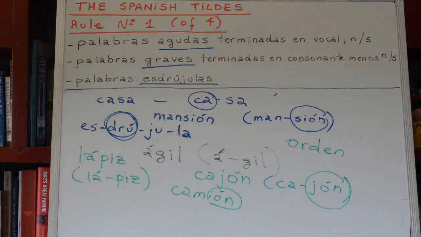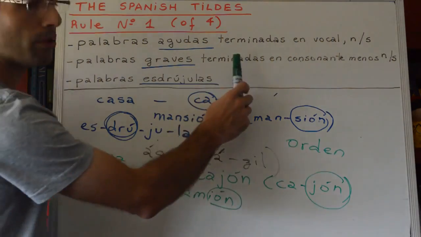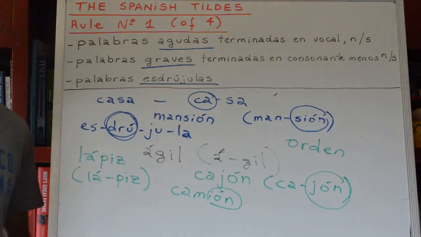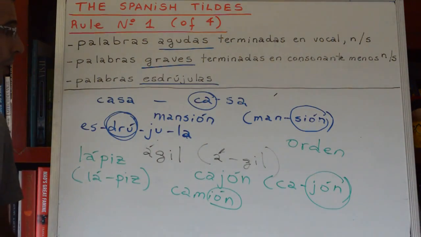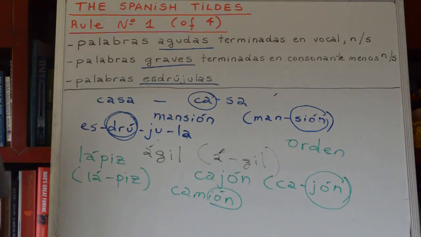Televisión carries a tilde. Libro doesn't carry a tilde, it is grave, right? It doesn't carry a tilde because libro, book, doesn't end with a consonant, okay?